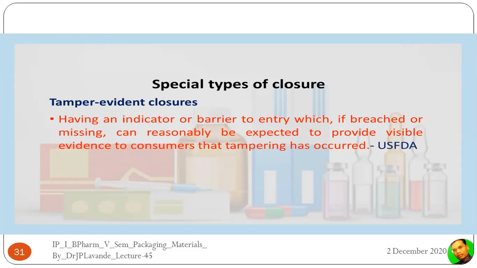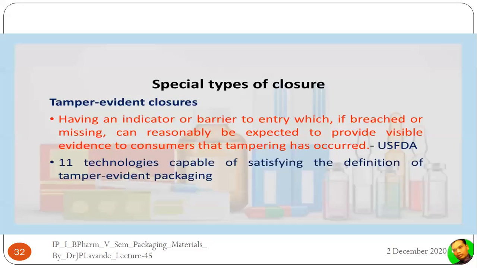The tamper evident closures have an indicator or barrier to entry, which if breached or missing, can reasonably be expected to provide visible evidence to the consumers that tampering has occurred. Such packaging acts as evidence that someone has already opened it. So this is the definition given by the US FDA.